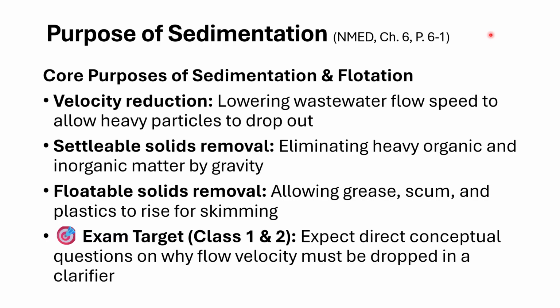We do this, recall, by slowing down the velocity of that wastewater. So recall that we have a velocity of 2 feet per second in our collection system for wastewater, which makes sure that solids don't settle out in our wastewater collection system.